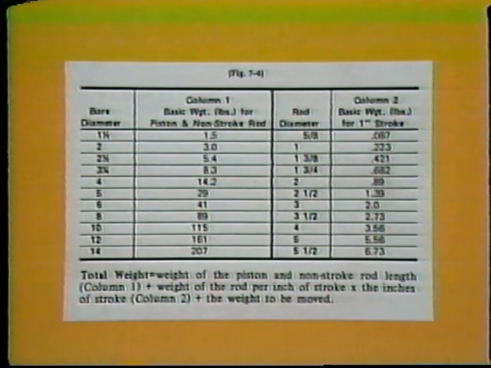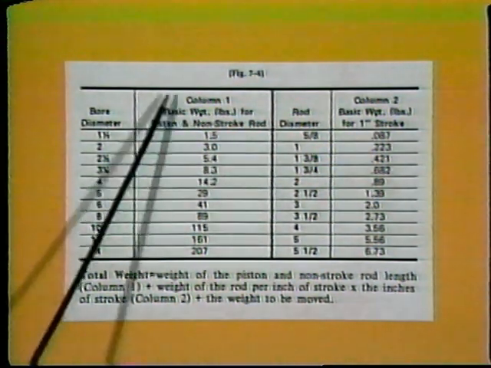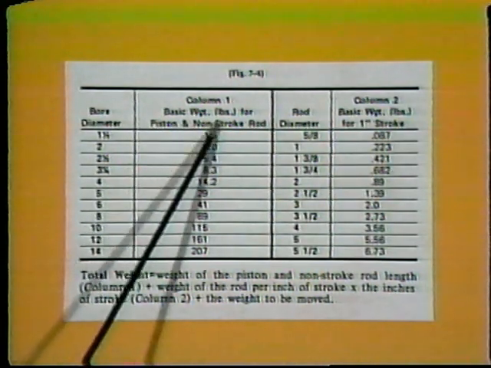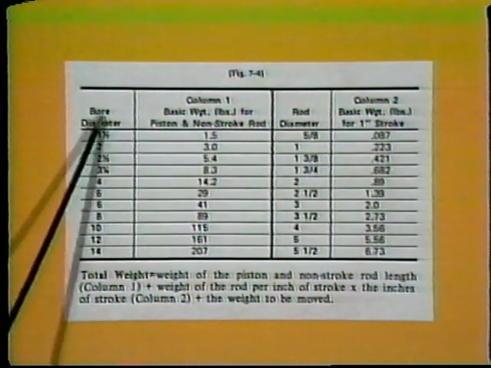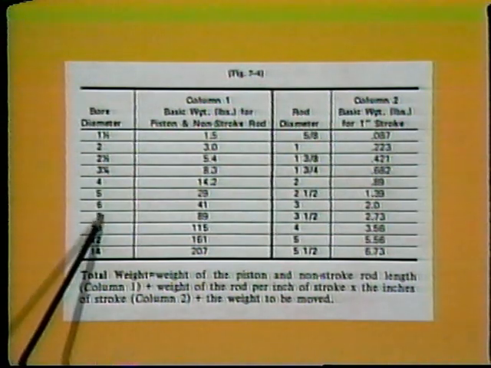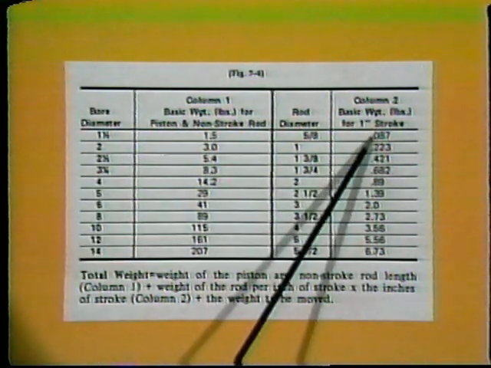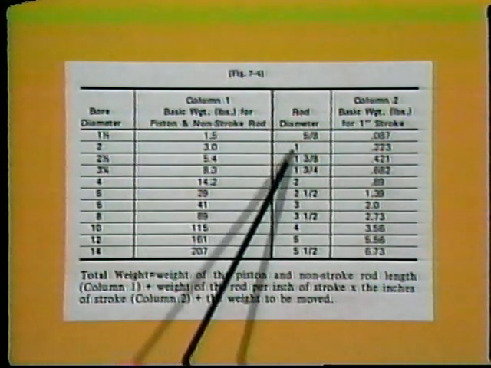This chart can be found in many pneumatic design handbooks, or it is available from the manufacturer. It tells us what the basic weight is for the piston and non-stroke rod when we know the bore diameter, and it gives rod weight per inch when we know the rod diameter.